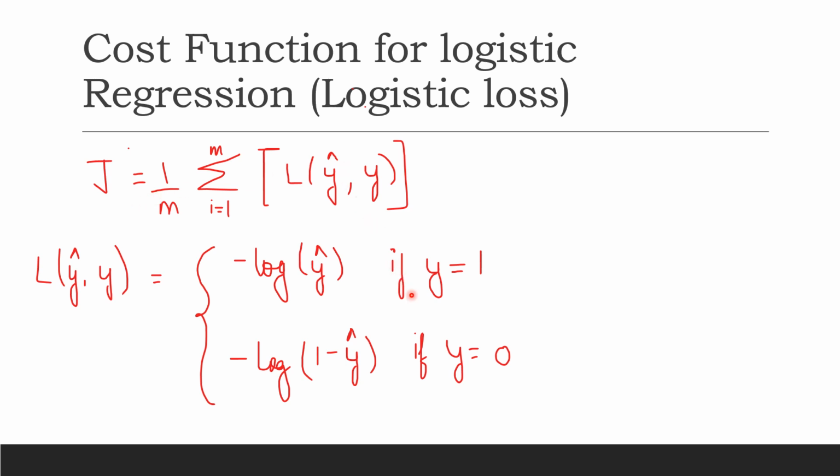Now this cost function tells us that if the actual value of y is 1, then the equation for calculating the error is minus log y hat, and if the true label y is equal to 0, then the equation used for calculating the error is minus log 1 minus y hat. This y is the true label or the actual value, and this y hat is the predicted value that is predicted by our logistic regression model, and the error can be computed by using this equation.